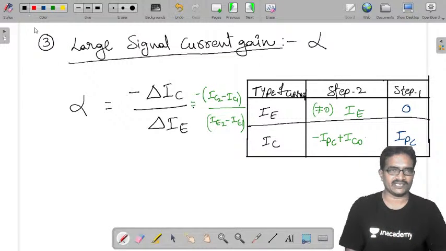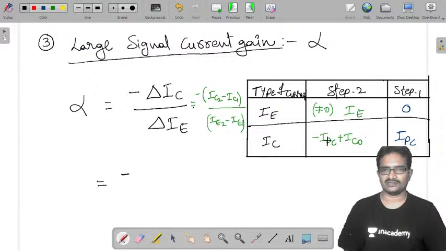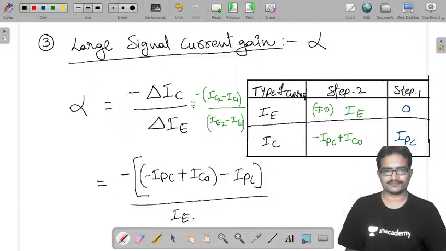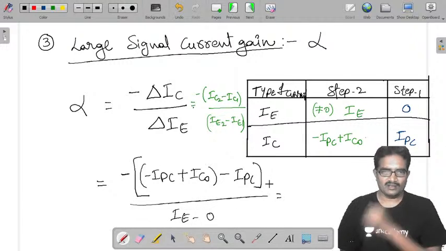So now its value is minus of IC2 value, this one, minus of this. So minus of minus IPC plus IC naught minus IC naught by IE minus 0.